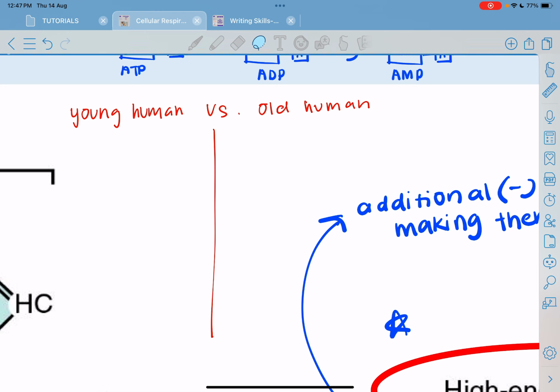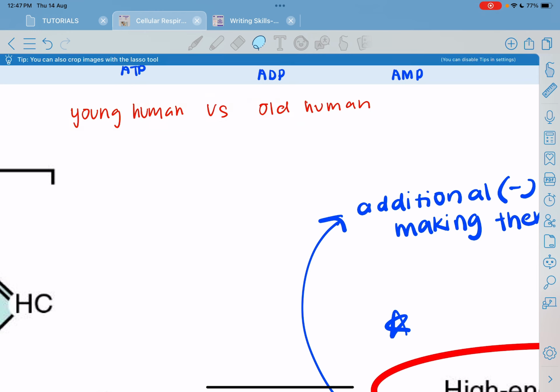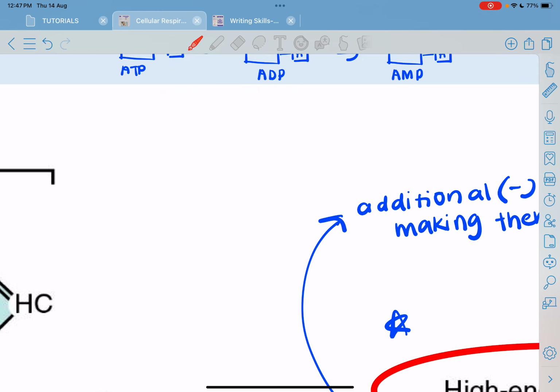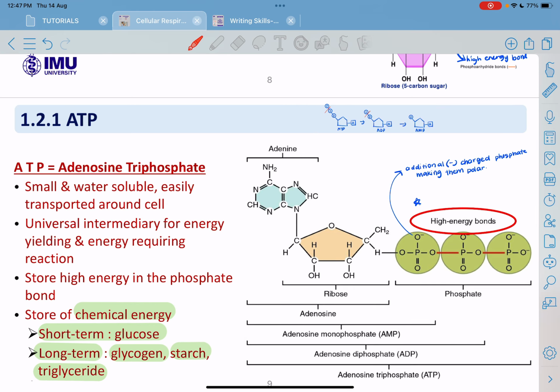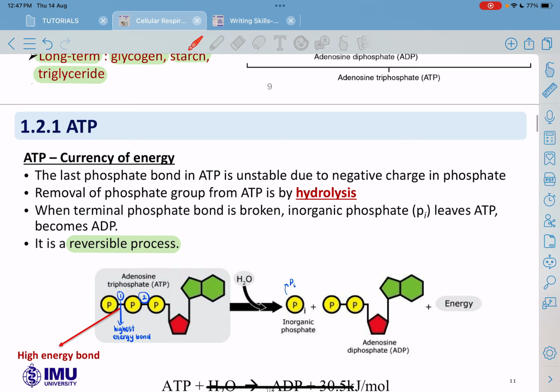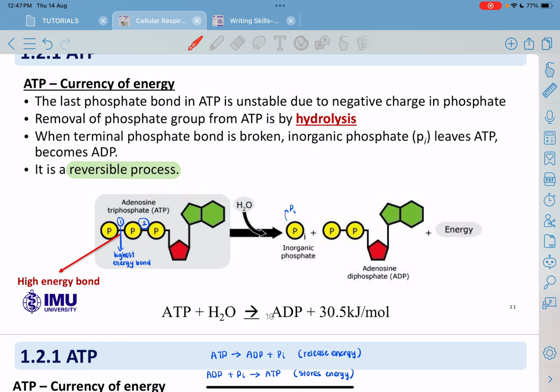Okay, that one you need to know. Now you're probably wondering, does that mean that if we have more fats when we're old, it is even harder for us to lose the fat? The answer is yes. Okay, this one you read by yourself.